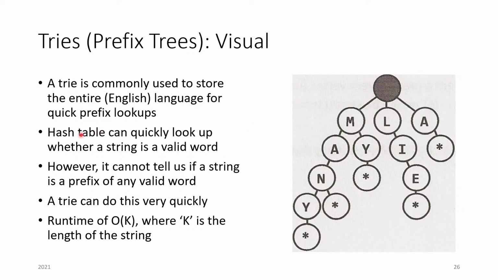And it uses hash tables to speed up its operation to see if it's going to be a valid word or not. However, it cannot tell us if the string is a prefix of any valid word. Unless these words are in order as required, it cannot tell us if that word is going to be valid, unless the tree actually has its order set.